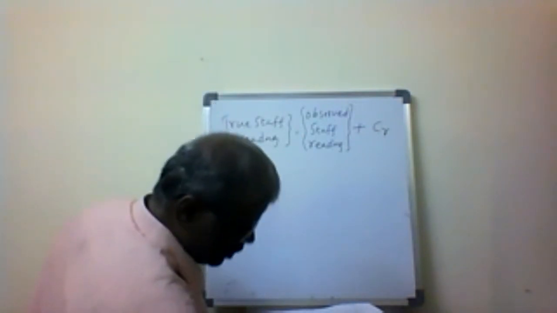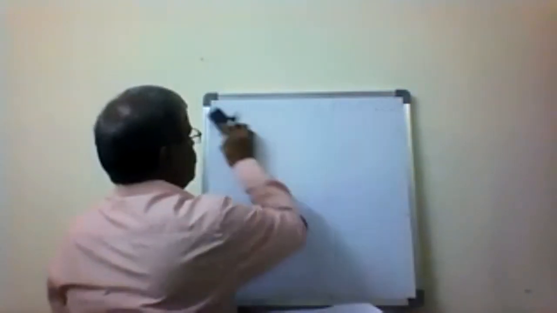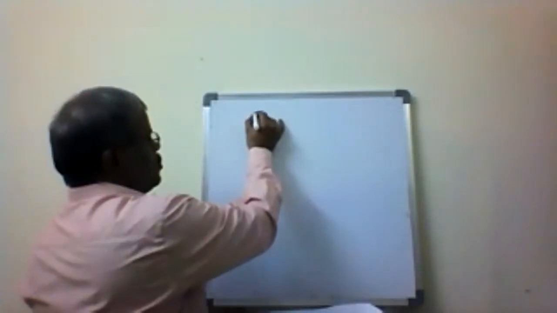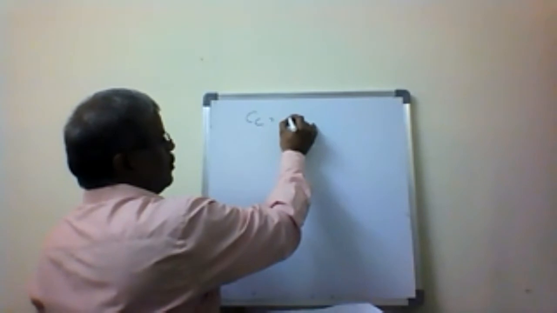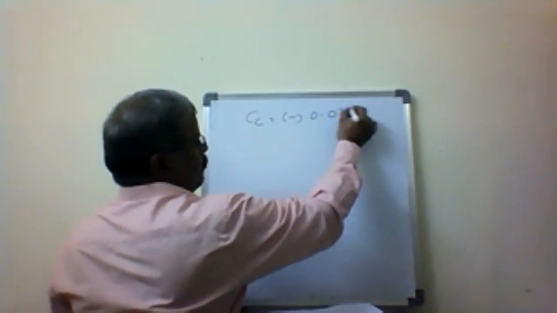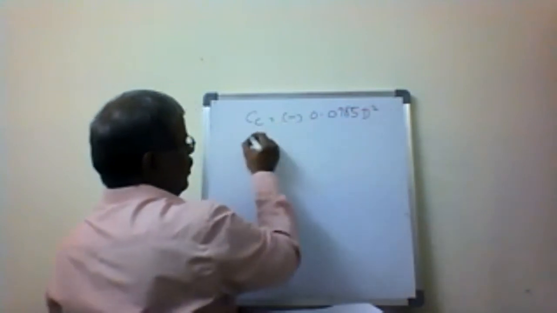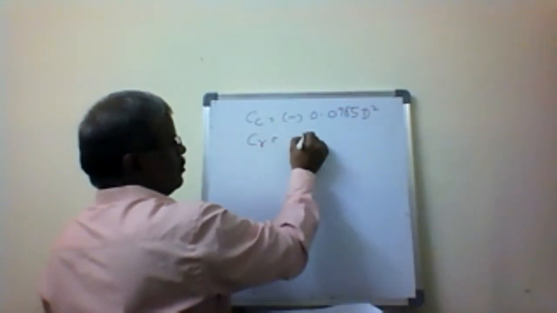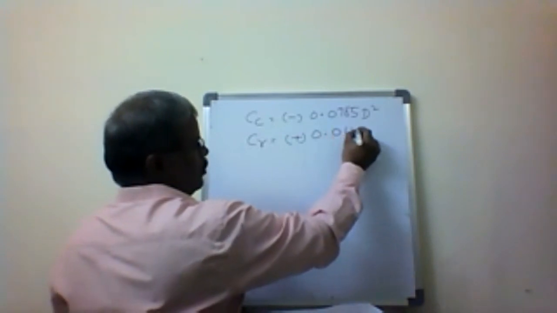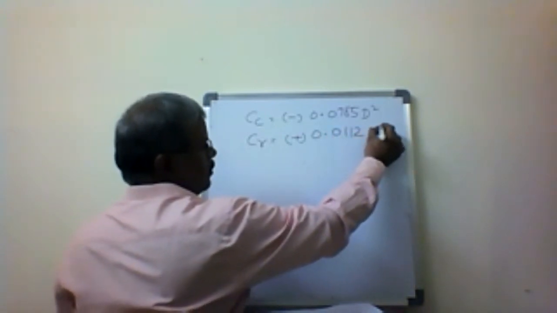Then after knowing that, the coefficient of curvature CC equals minus 0.0785 d square and CR equals 0.0112 d square.